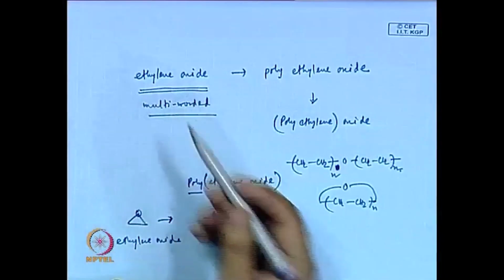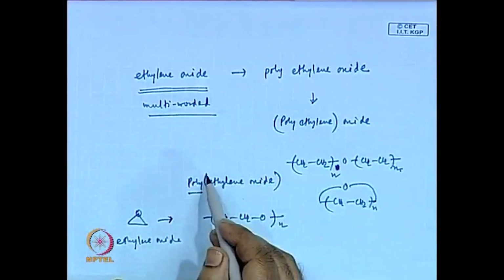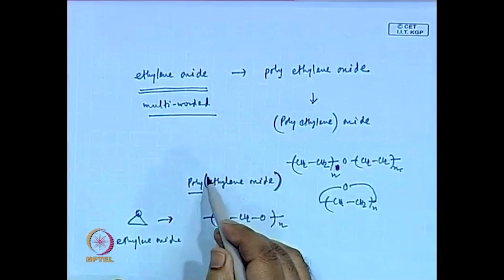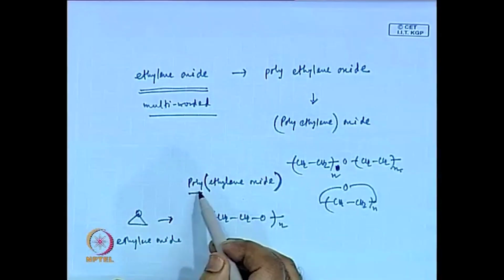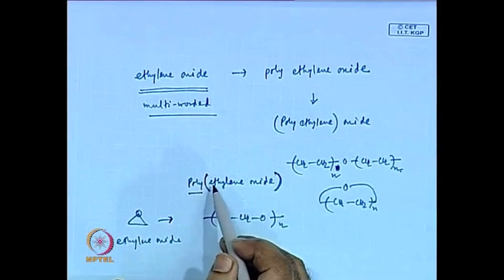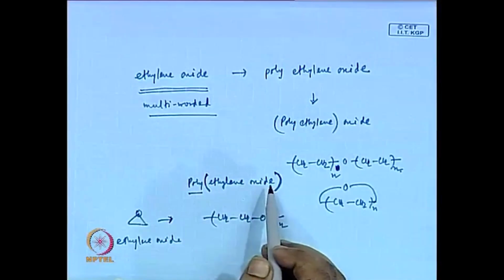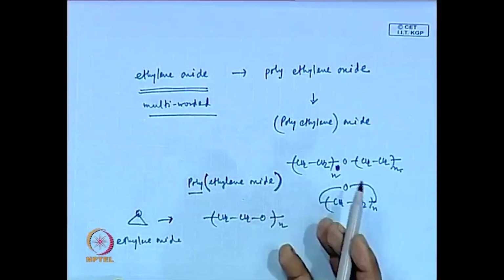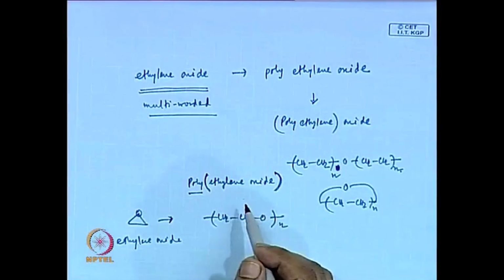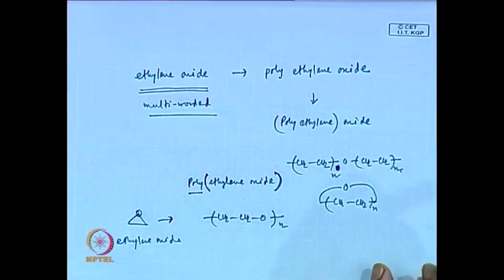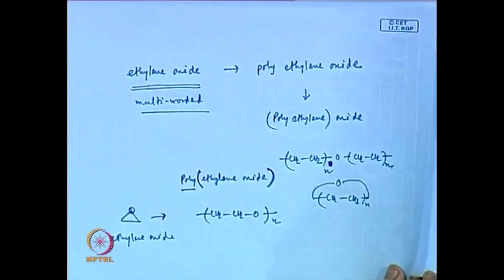So, in this case ethylene oxide, you must put a bracket, the monomer inside the bracket and then prefix the term poly. Otherwise, if you do not put a bracket, it might give you confusion about which structure it finally is.